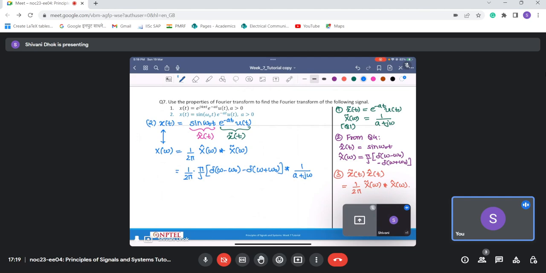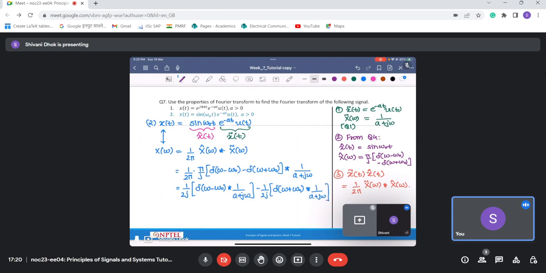This pi gets cancelled, and what we have is 1 upon 2j, inside the bracket, delta of omega minus omega naught convolved with 1 upon a plus j omega, minus 1 upon 2j delta of omega plus omega naught convolved with 1 upon a plus j omega.